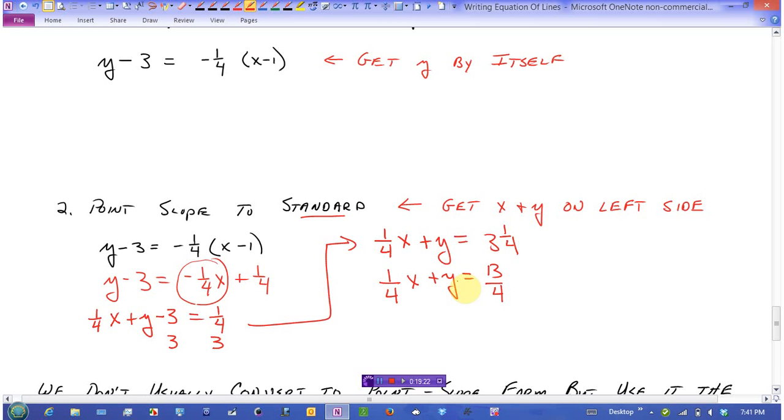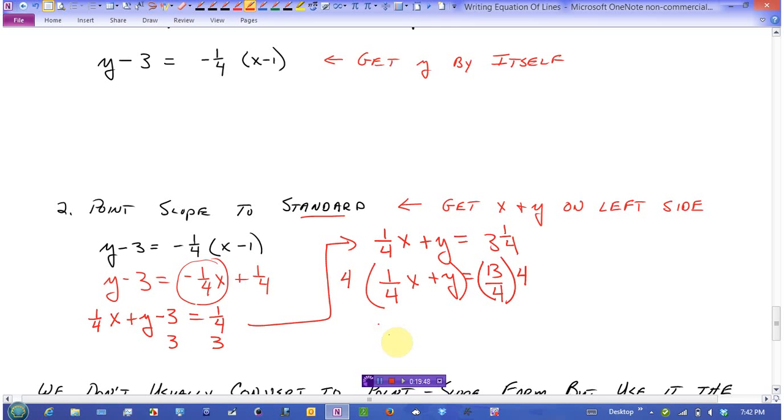And what we do is we multiply by the least common denominator of the denominator. We multiply both sides by that number. So what I would do is I'm going to multiply this side by 4, and I'm going to multiply this side by 4. When I do that, this 4 will distribute in. It will multiply by the 1/4 x, giving me 4 over 4 times x.